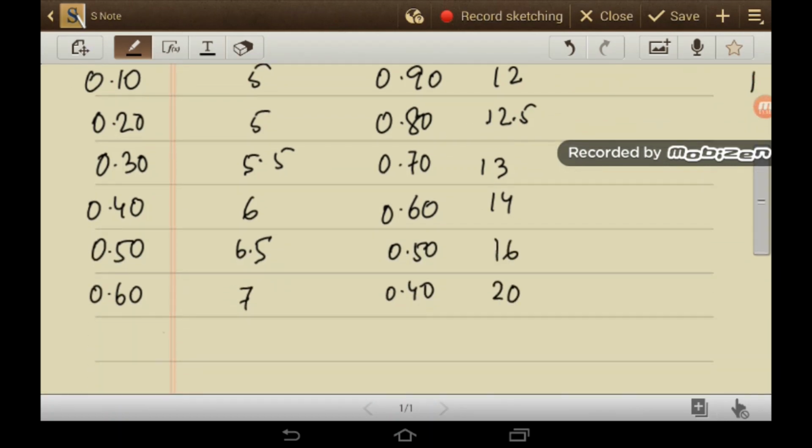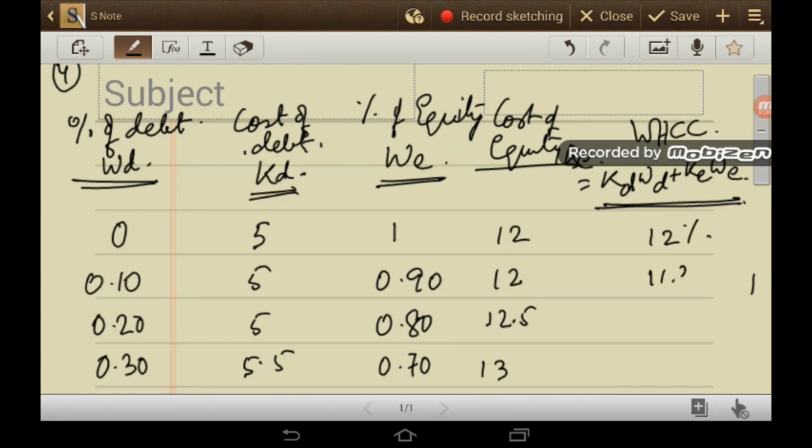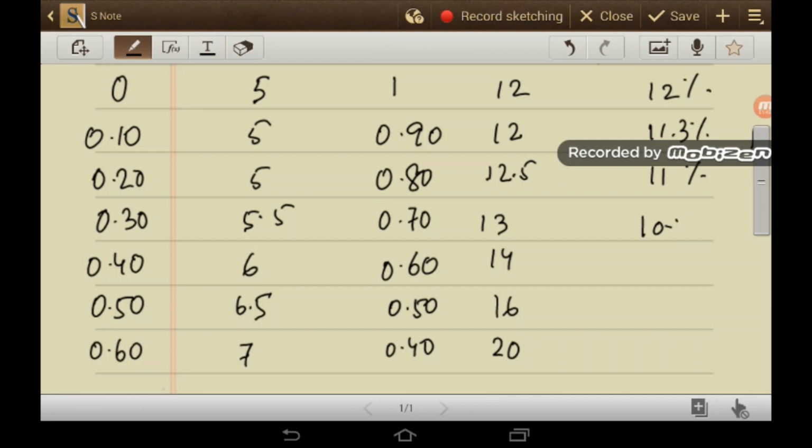The weighted average cost of capital is calculated as Kd Wd plus Ke We. So this will be calculated at 12%, then 11.3, then 11, then 10.75, 10.80, 11.25% and 12.2%.